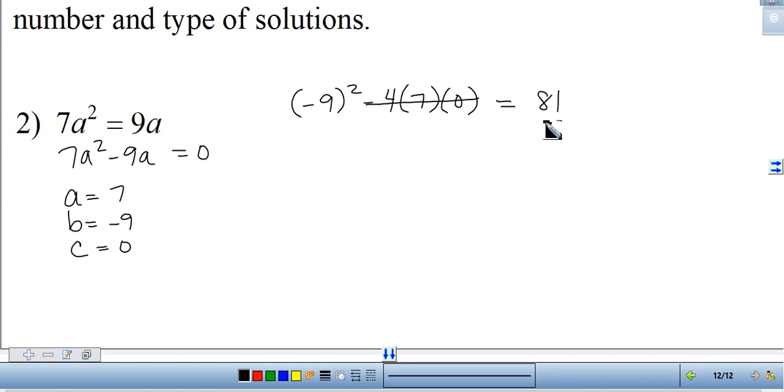So if you have a perfect square, it means that the radical goes away and the answer comes out. In a case like this, you still have two solutions. But this time, your solutions are rational because the radical does not remain. Rational answers could be whole numbers, and they could be fractions.